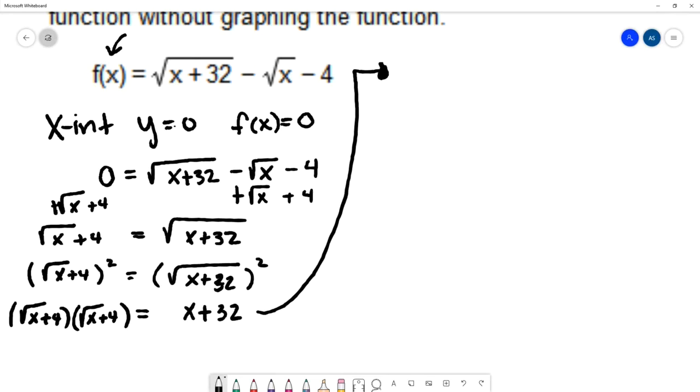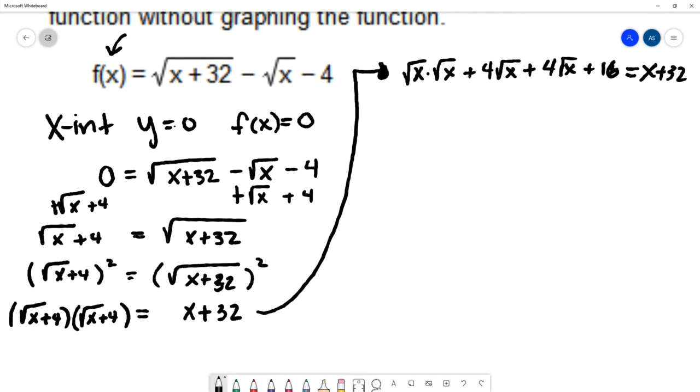Square root of x times square root of x is x. Maybe I'll write it out in detail for you. I have square root x times square root x, plus 4 times square root x, plus 4 times square root x, and 4 times 4 is 16. And on the other side of the equation, we have x plus 32.